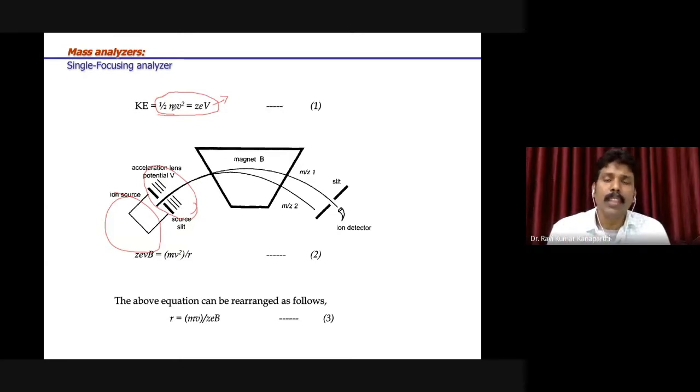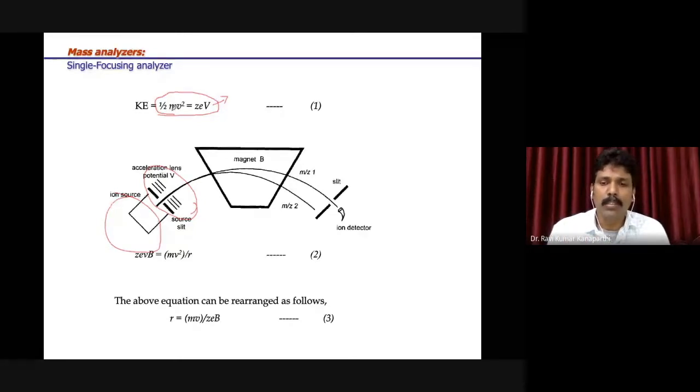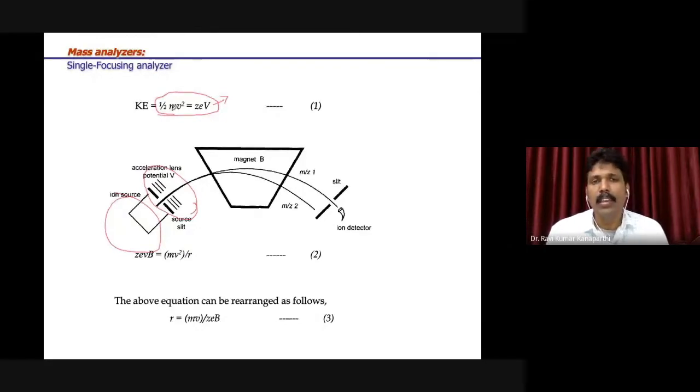Now, as we know from simple magnetic field theory or electromagnetism, any charged particle encountering a magnetic field or electric field deviates from its original path, and in fact takes a circular path.